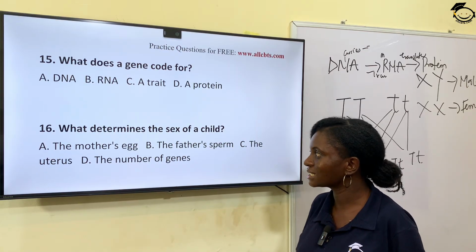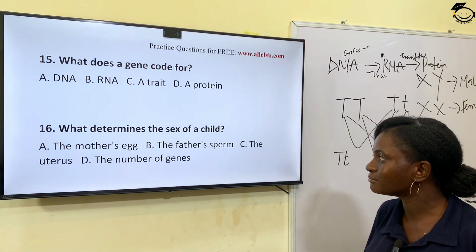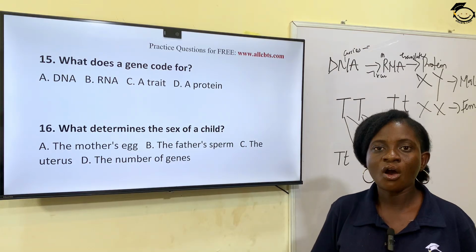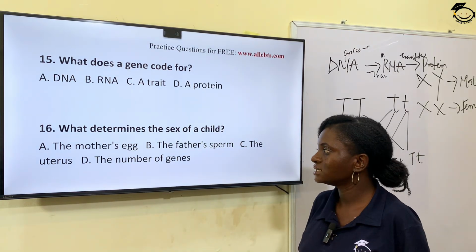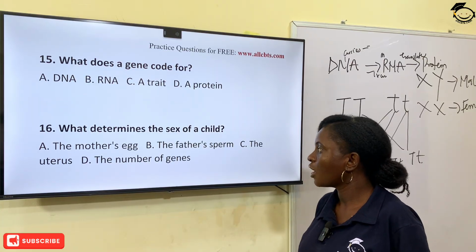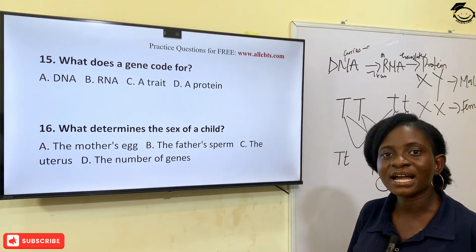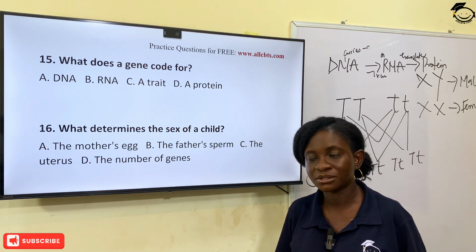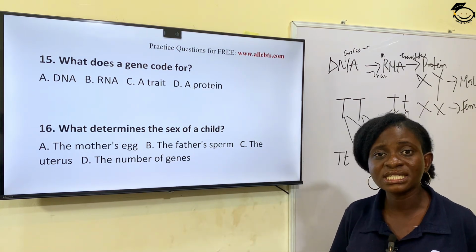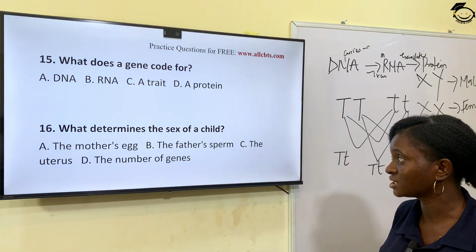Question 16. What determines the sex of a child? Option A, the mother's egg. Option B, the father's sperm. Option C, the uterus. Option D, the number of genes.